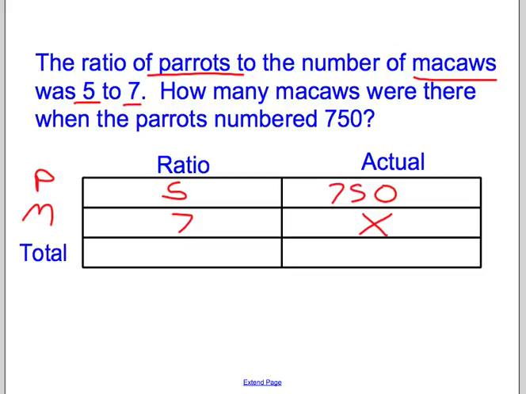Now I have this third row with total because we're going to get to a point where we need to find the total, or they may give us the actual total of things, and so that's why that's there. We get the total of the ratios by simply adding the 5 and 7, so we could go ahead and do that. Even though that's not what we're looking for, we could still set that up and show the total there.